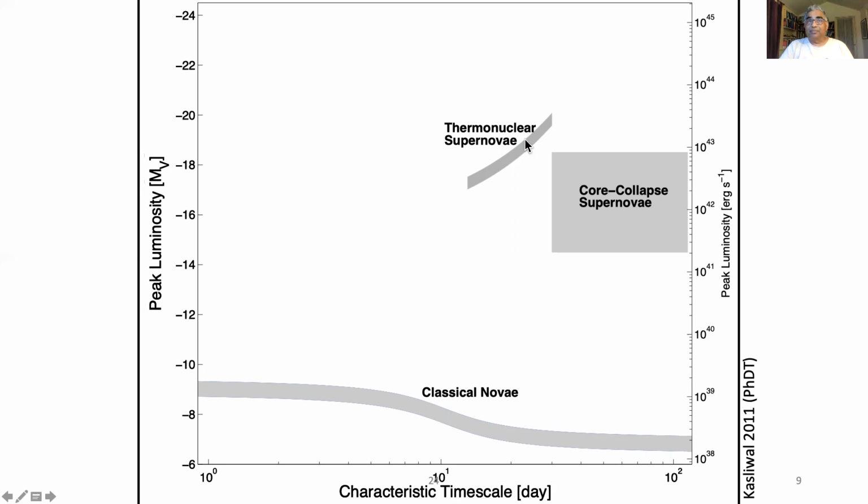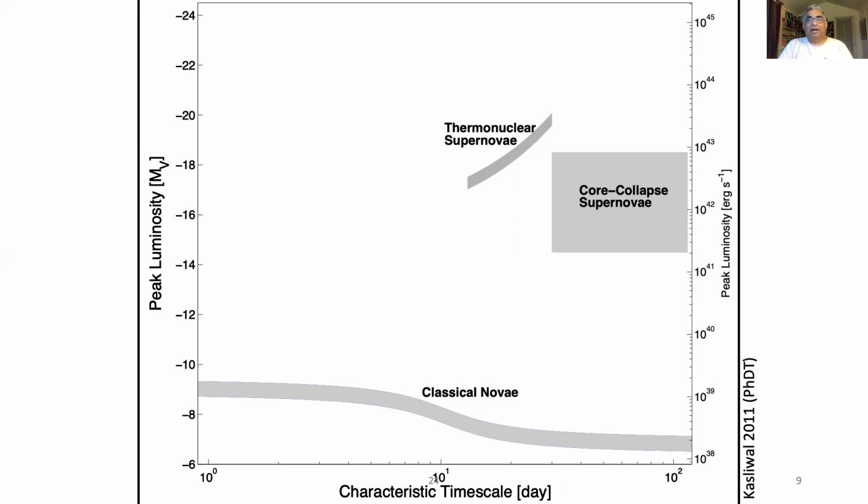They also are the biggest producer of iron in the universe, by the way. Classical novae, which are basically explosions on the surface of white dwarfs. They're not catastrophic like supernovae. And then core collapse supernovae, these are massive stars that end up making black holes or neutron stars.